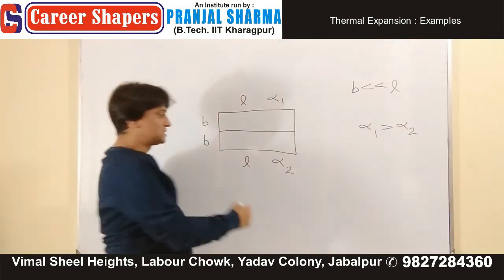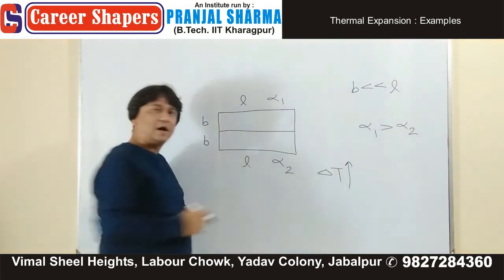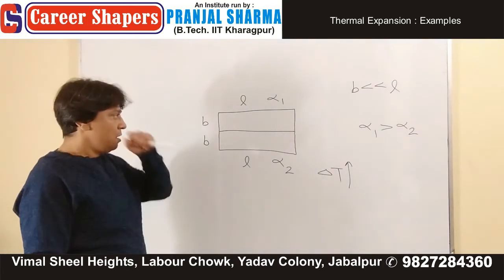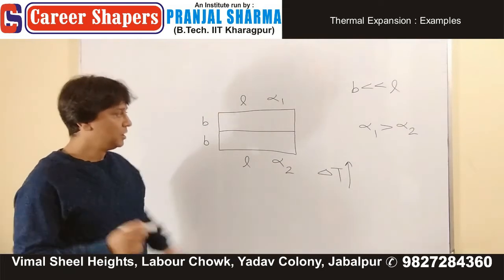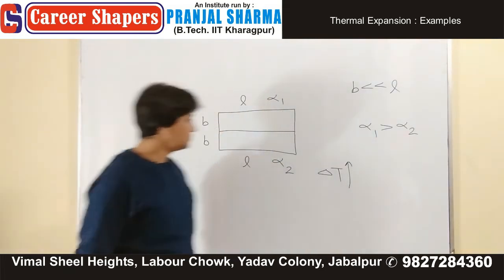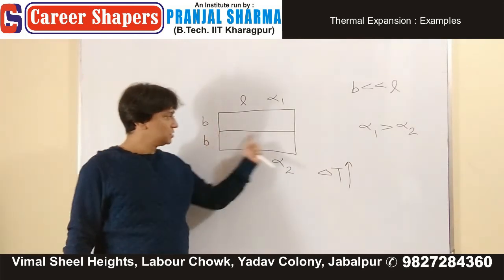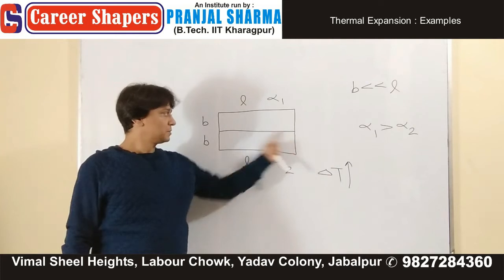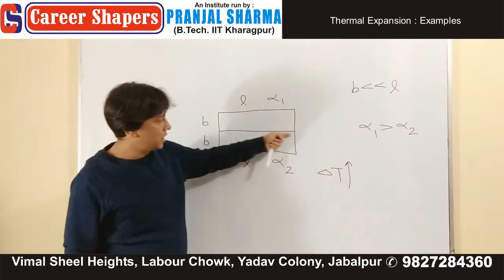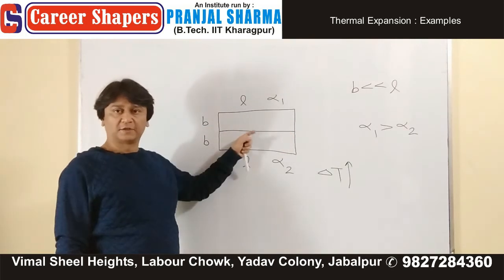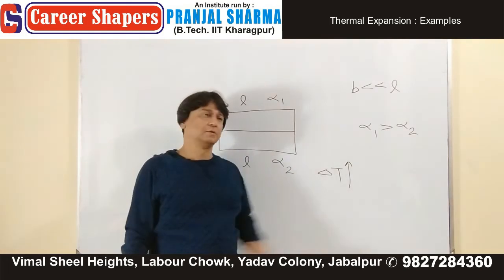Now, as temperature is increased, the entire system, can you tell me what will happen when I increase the temperature? Look at this. These two plates have been welded at the junction. It's a fixed joint, and then we are increasing the temperature.